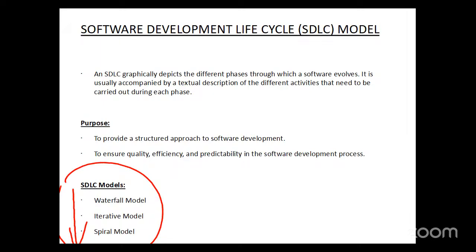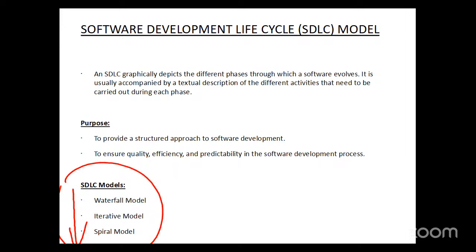Once you are clear with the gathering, that is, requirements specification or requirements analysis is done, then you go for planning what is to be done further. Then you go for design. If the design is approved by the customer, then you go for the coding part. That is your SDLC.